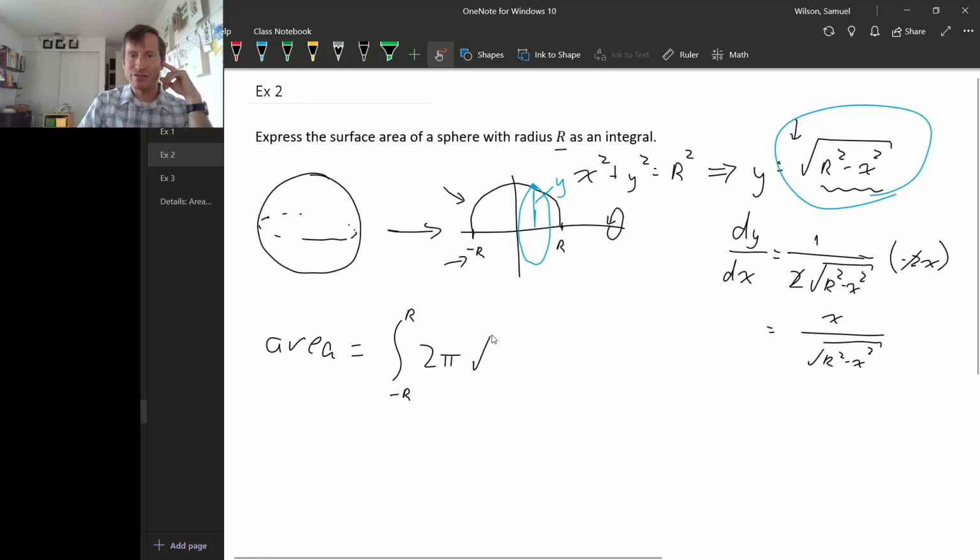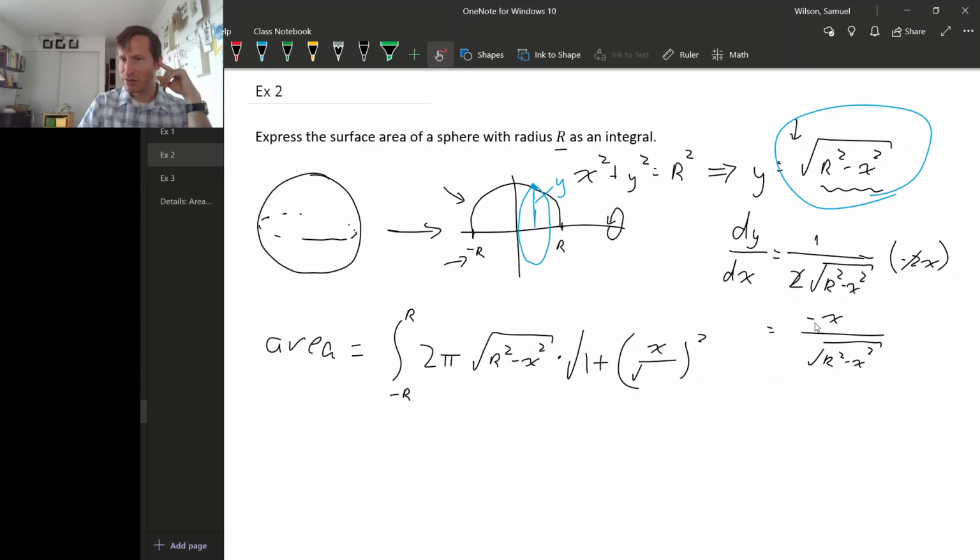So our radius is the square root of capital R squared minus x squared times ds, which is the square root of 1 plus, and then we're going to square dy dx, so, sorry, I'm missing a minus sign here, so this should be minus x over square root of r squared minus x squared, dx. All right, so we've expressed this area as an integral.